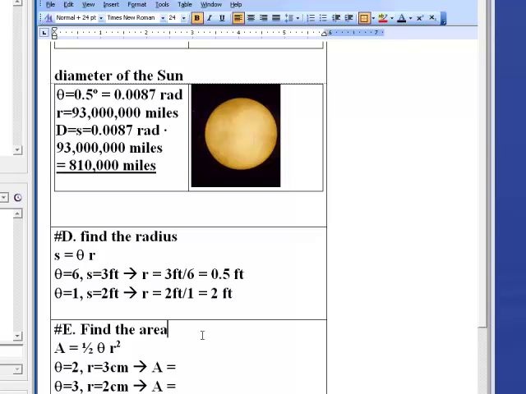Find the area of the sector formed by this angle here in a circle of radius r if theta equals 2 and r equals 3 centimeters.